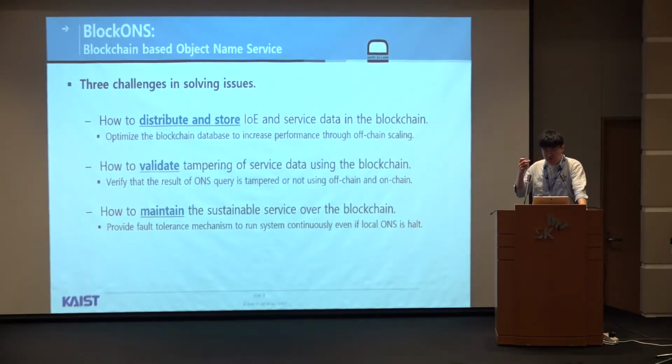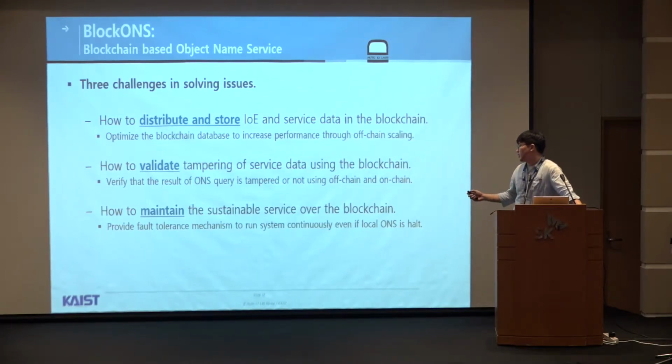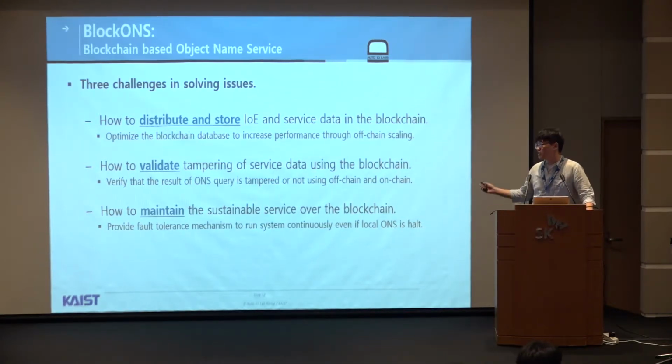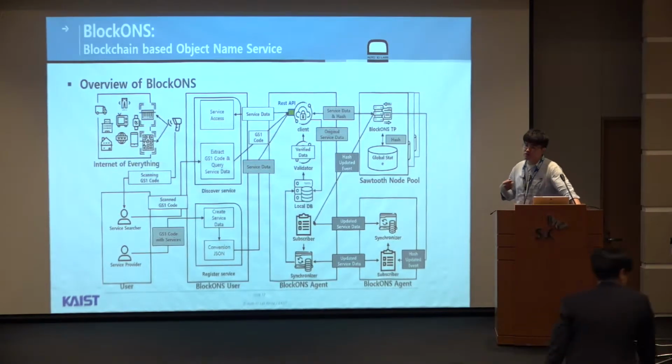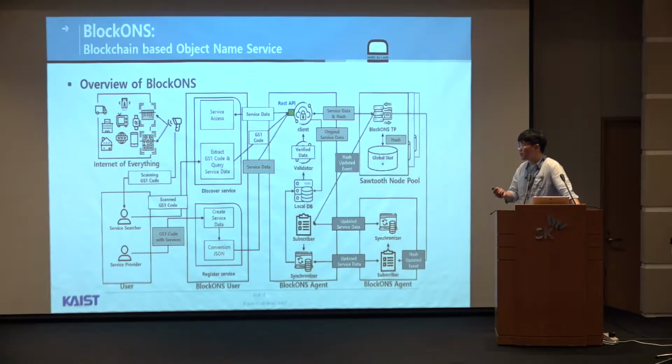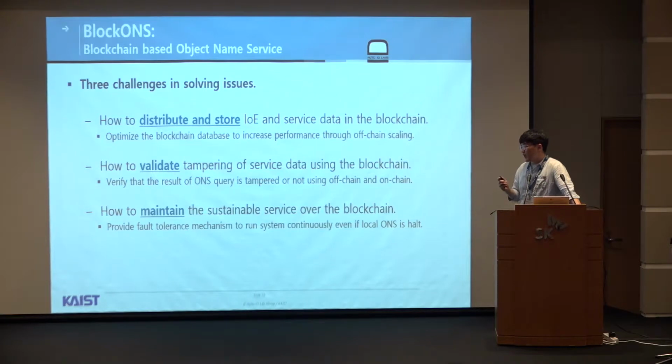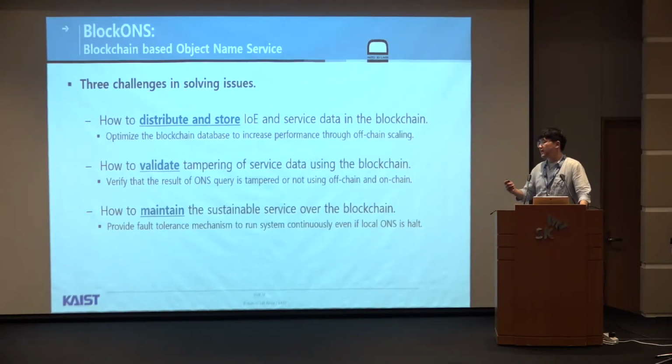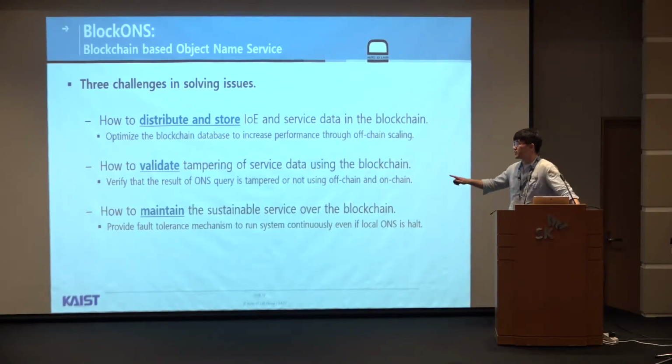So we have to optimize the blockchain database to increase the performance by applying some off-chain scaling. The second is how to validate the tampering of the service data using the blockchain. I said we store some critical data in the blockchain. After that, how do we use that data to validate the original data which is stored off-chain?